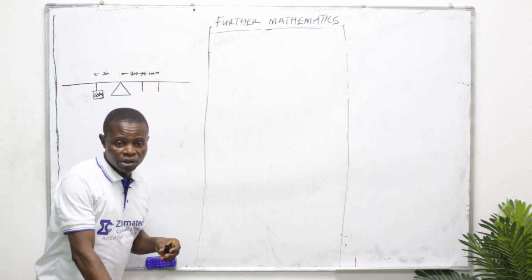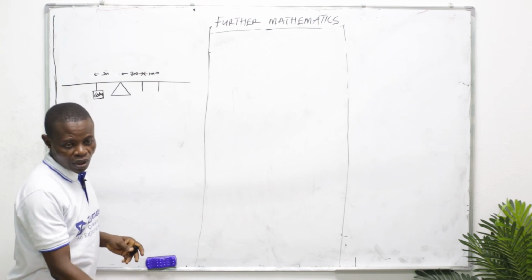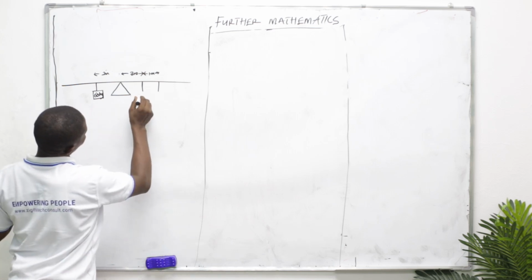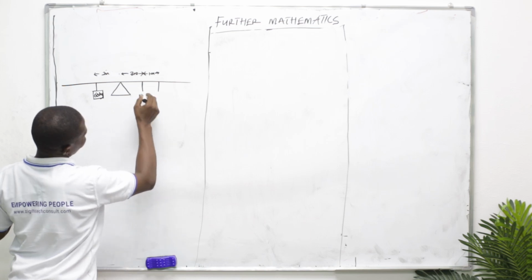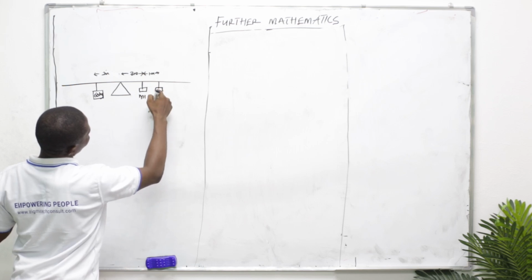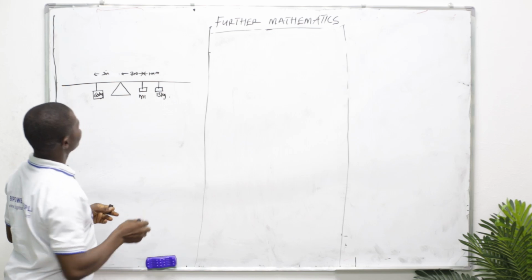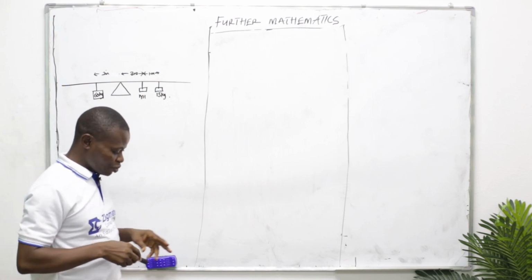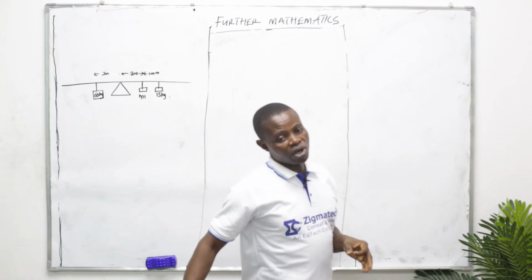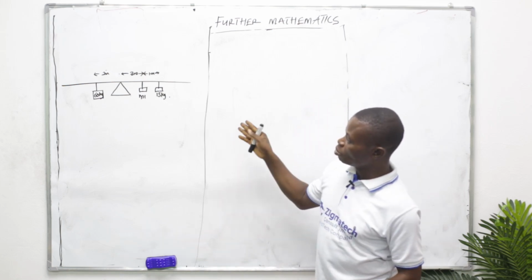Two more people are remaining, John and Philip. We have to look for the mass of John. The one for Philip is already known. So be what? 15 kg. What is the rule for principle of moment? Sum of clockwise moment equals sum of anti-clockwise moment.